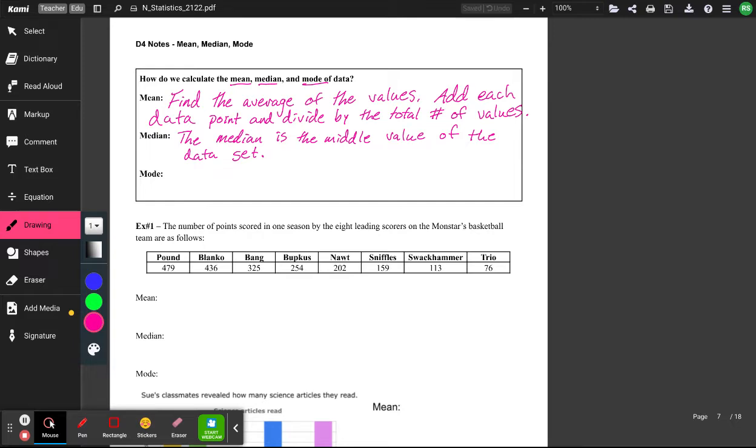The median will be the middle value in our data set. I think that'll make a little bit more sense when we work through an example. The mode is the value with the most frequency. That means simply the one that is repeated most often. Most repeated value.